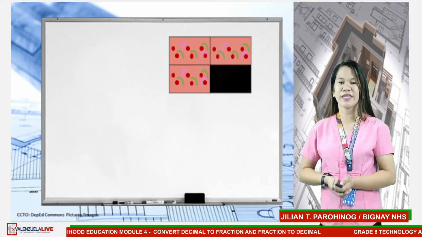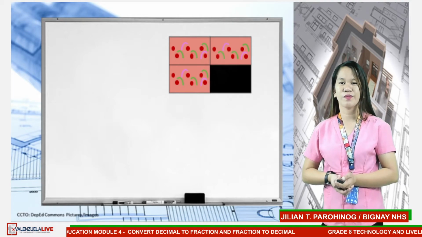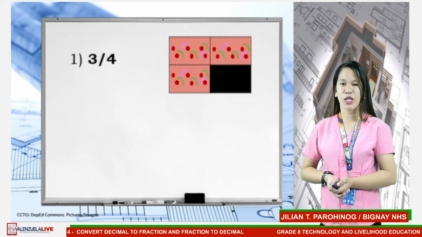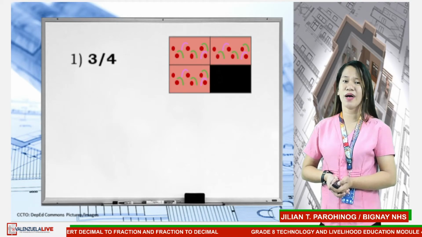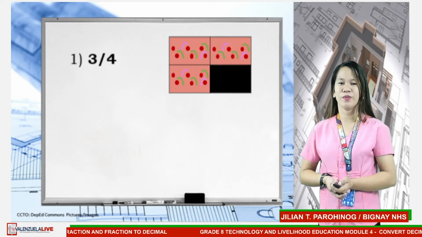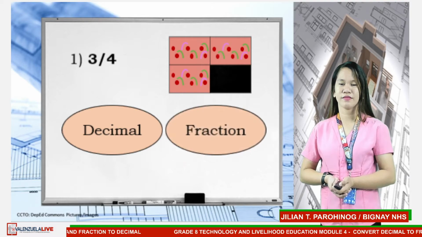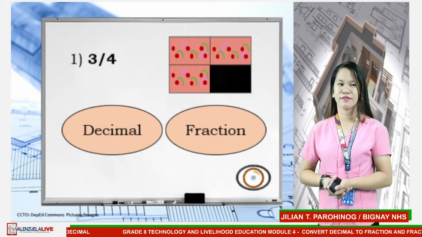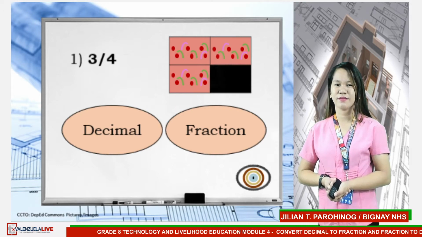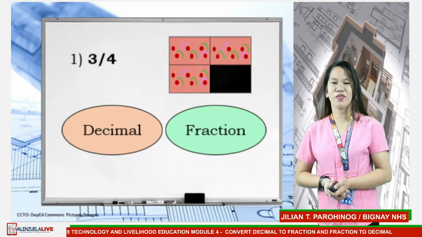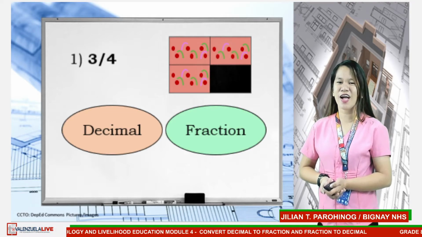Allow me to read each number for you. Number 1. 3/4. Is it decimal or fraction? Your timer starts now. Time's up. The correct answer is fraction.